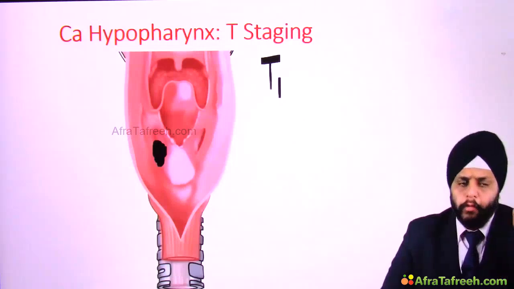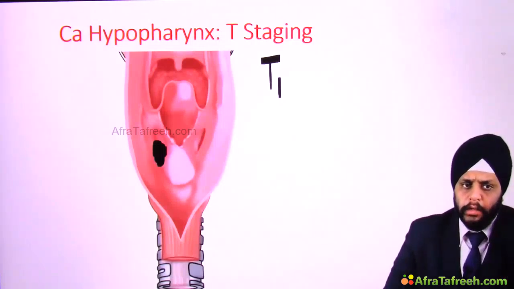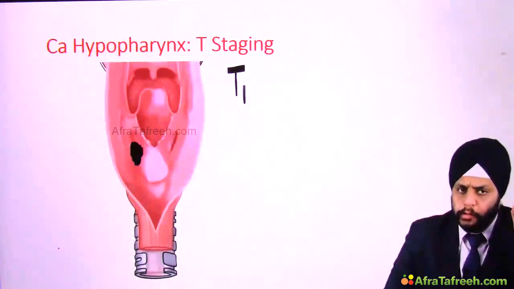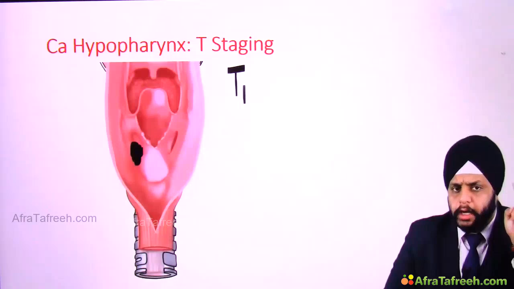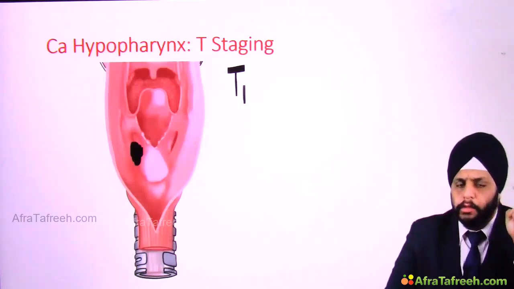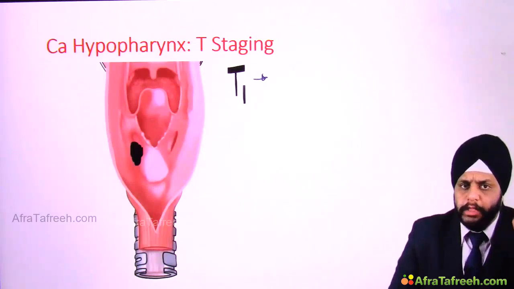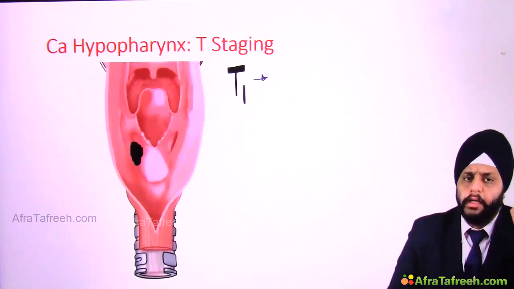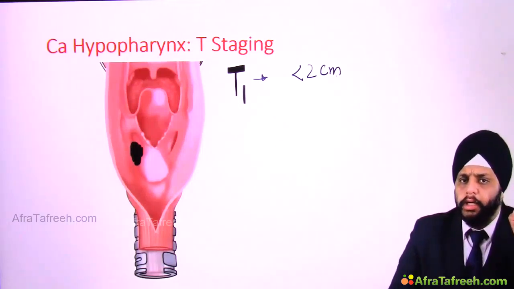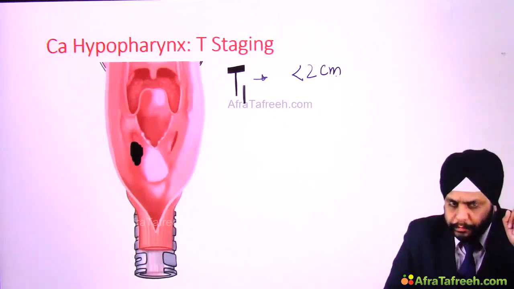Remember, there are three components. What are the three components? The posterior pharyngeal wall, the post-cricoid area, and the pyriform sinus. Any one of these three components, all right, that is T1. Also for T1, the size should be less than 2 centimeters.